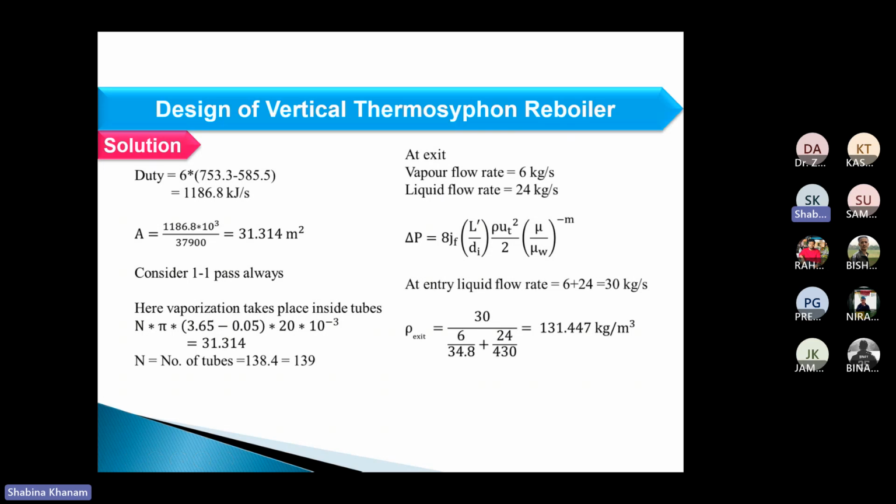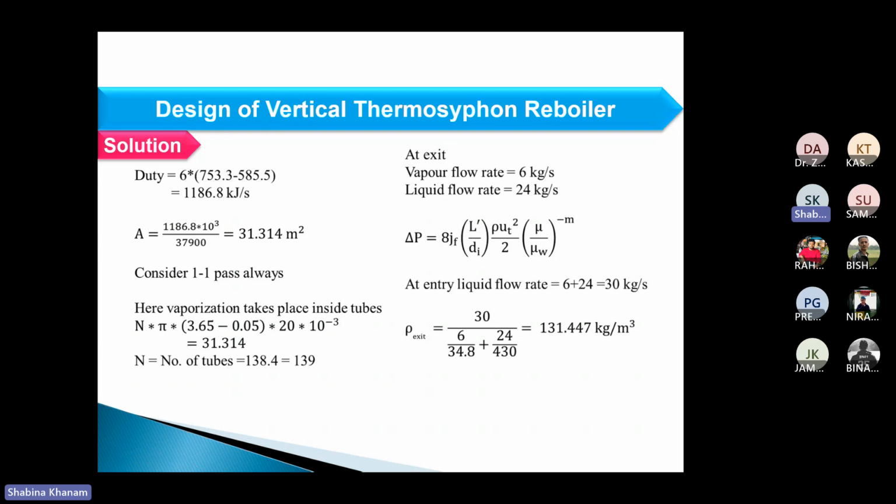So 1 part vapor and 4 part liquid. So you can consider liquid flow rate as 24, and when the feed is entering at the bottom of the tube, the total 30 kg per second would be the feed in the liquid phase. However, when it is exiting, 6 kg per second is vapor and 24 kg per second is liquid, right?